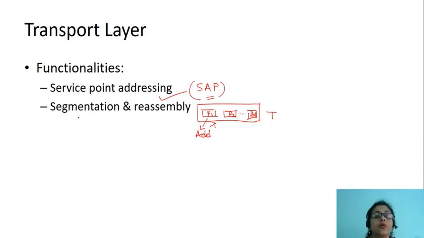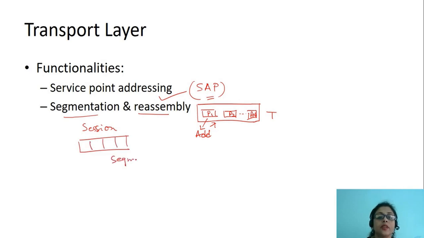Next, it can also use for data segmentation and data reassembly. This is because when data is received by the transport layer from the upper layer, that is from the session layer, it segregates the data into various segments. And these segments are called data segments.